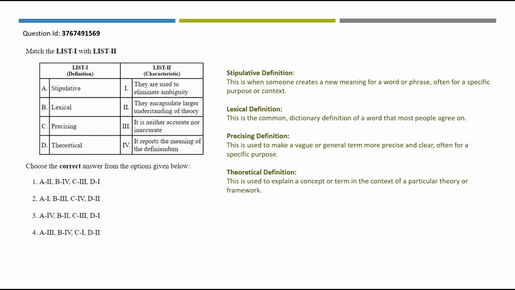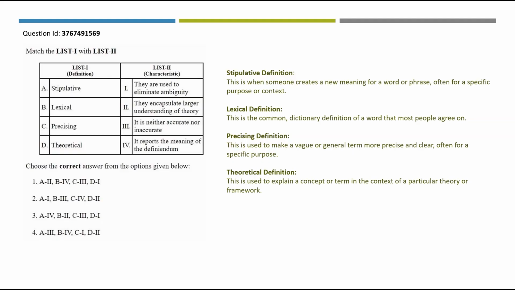What about lexical definition? This is the common dictionary definition of a word that most people agree on. What about precising definition? This is used to make a vague or general term more precise and clear, often for a specific purpose. What about theoretical definition? This is used to explain a concept or term in the context of a particular theory or framework.